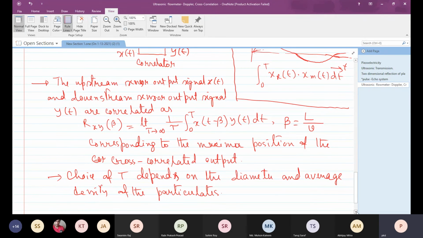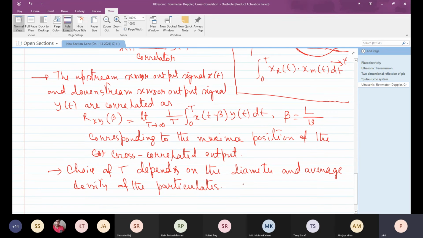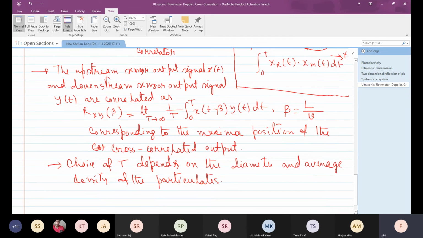So usually this is fixed corresponding to a certain installation, while commissioning the cross correlation flow meter.